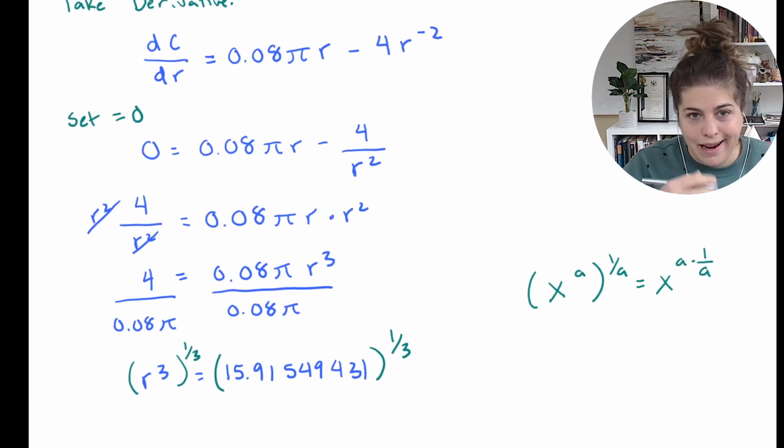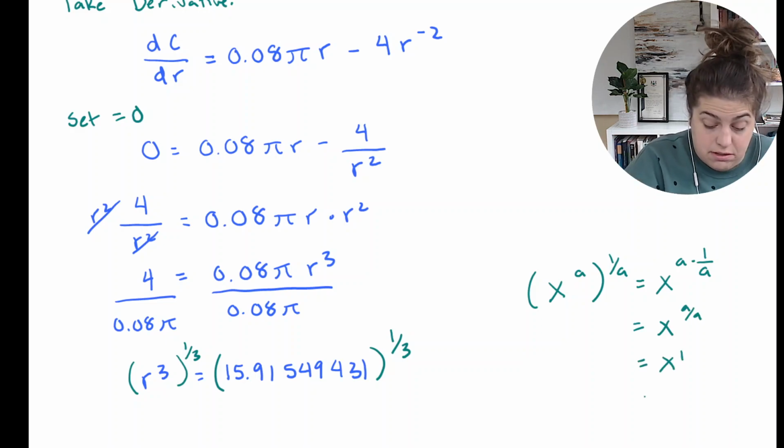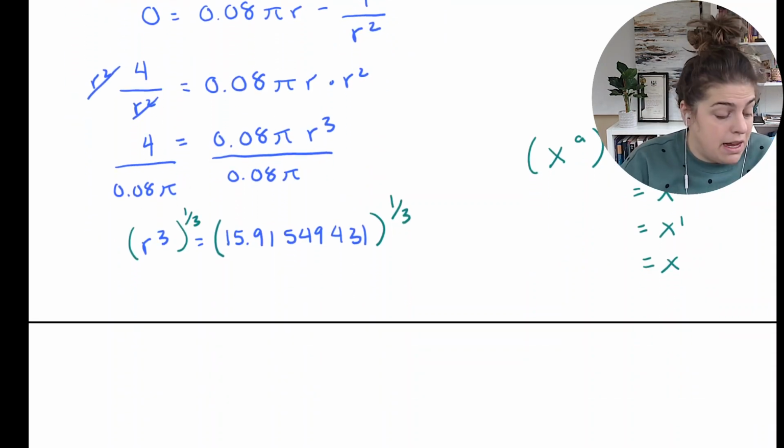And when we multiply a times 1 over a, we get a over a, which is just x to the 1, which is just x, okay? So we always want to keep that in mind because sometimes with our really weird exponents, we get stuck and we just want to make sure that we're okay there.